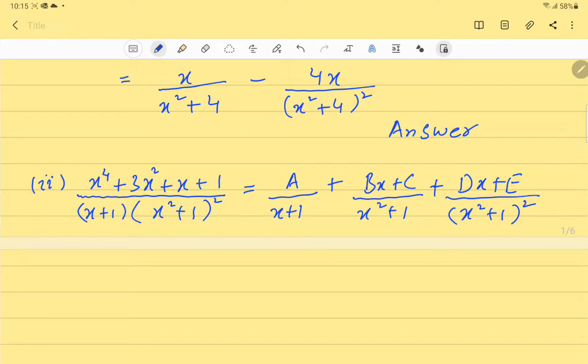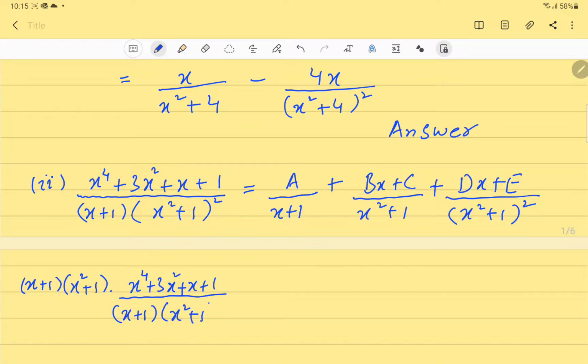Now we will multiply both sides by x plus 1 into x squared plus 1 whole square. So how it will be done? x plus 1 into x squared plus 1 whole squared into x to the power 4 plus 3x squared plus x plus 1 over x plus 1 into x squared plus 1 whole squared.